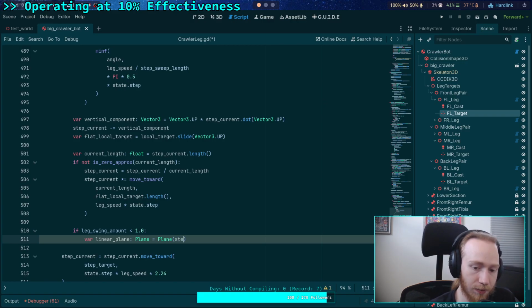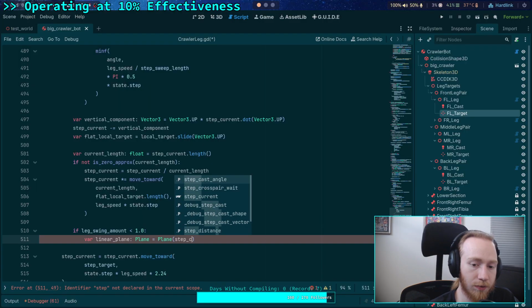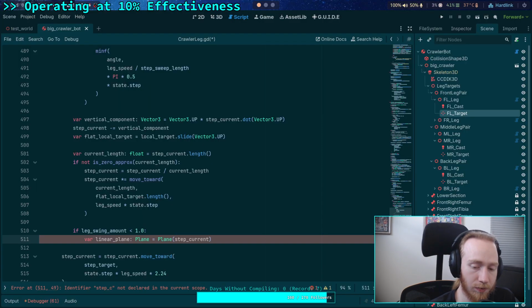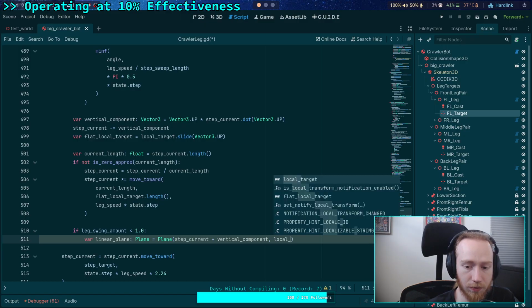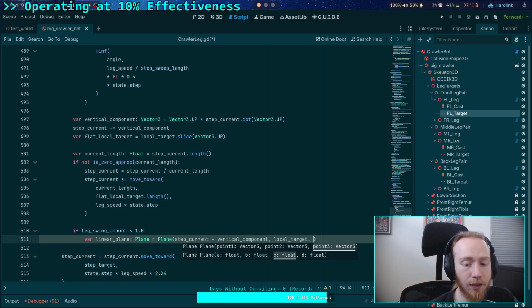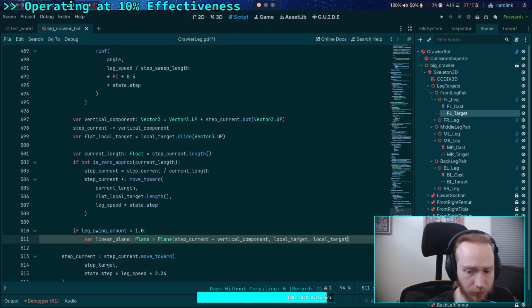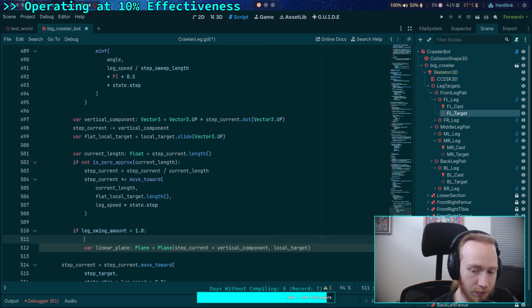So I would have... add that back to it, and then I have local target, and then I will do... well, not really. Like, I can make it with just this, so I'll just do that.